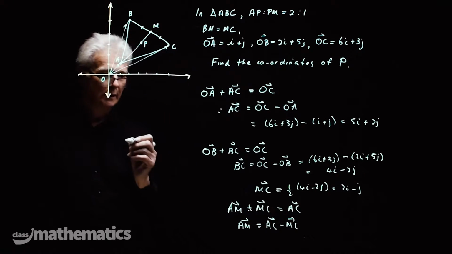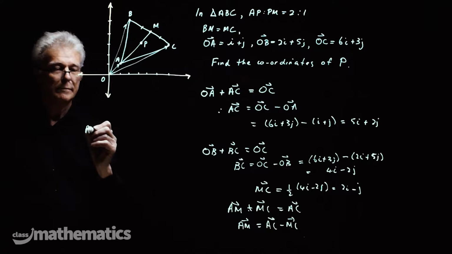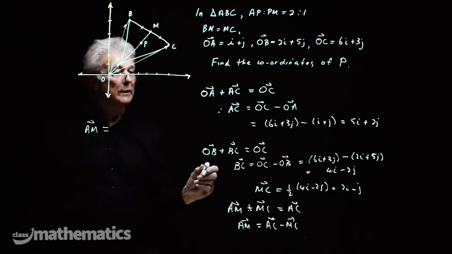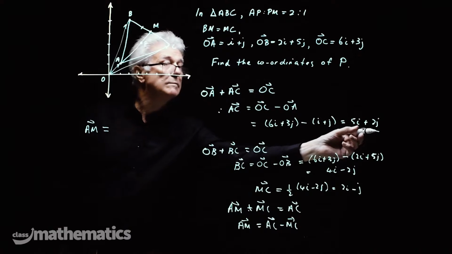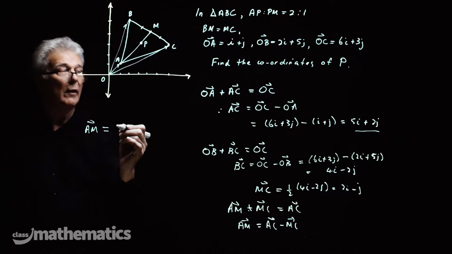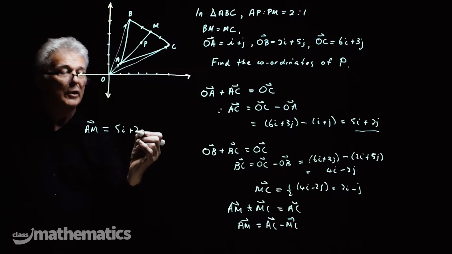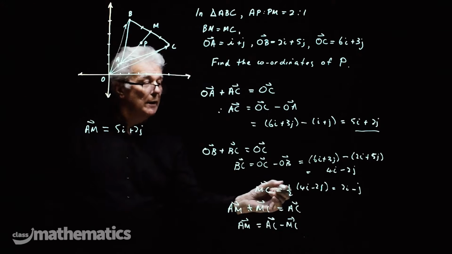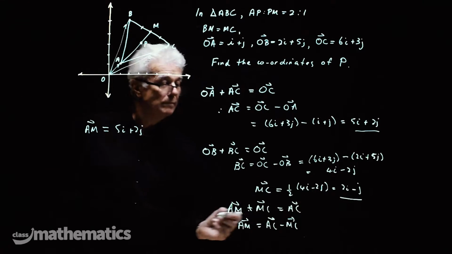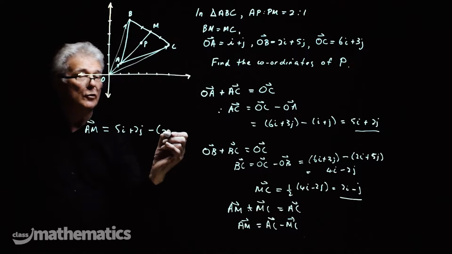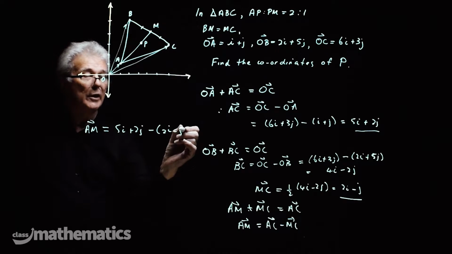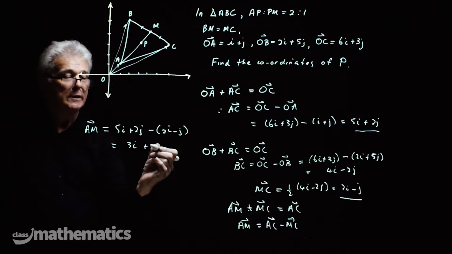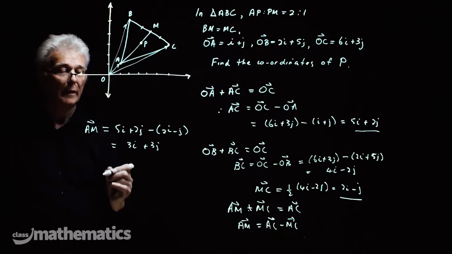So AM must equal AC, which we just worked out over here, as 5i plus 2j, and MC is this one here, minus 2i minus j. And that becomes 3i plus 3j.